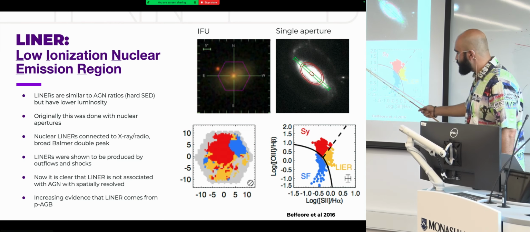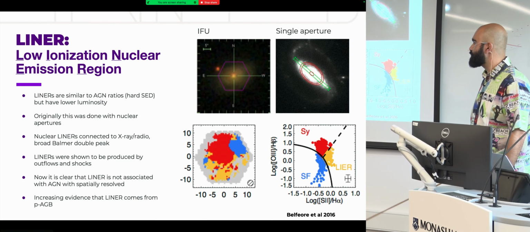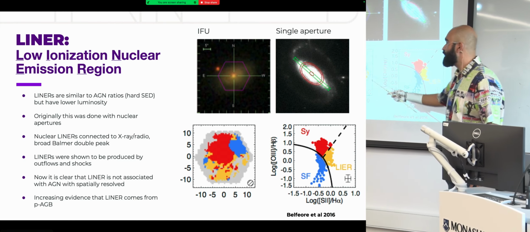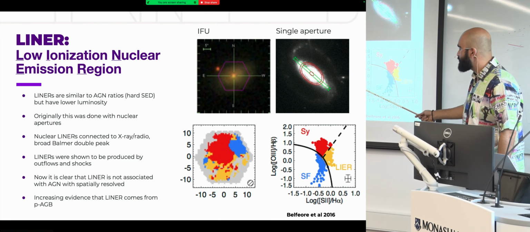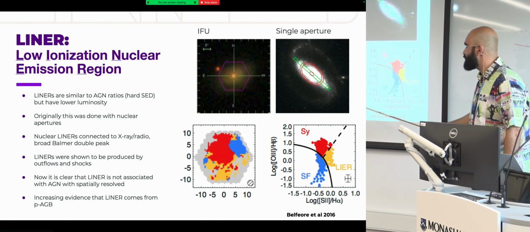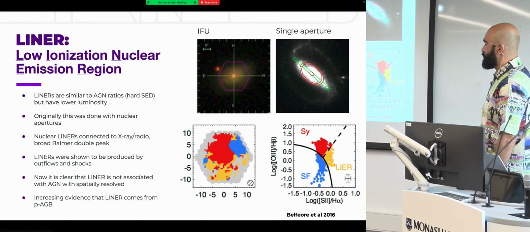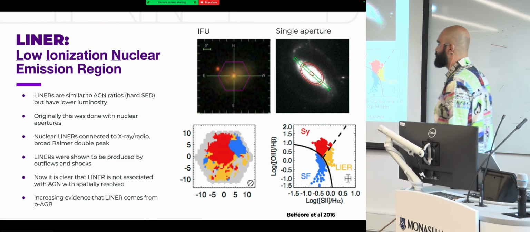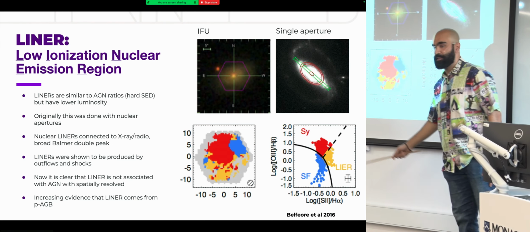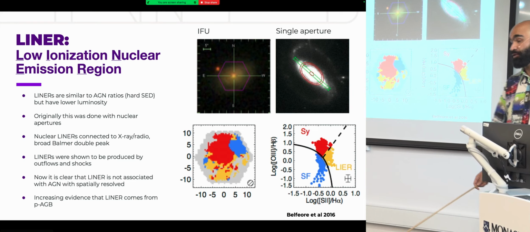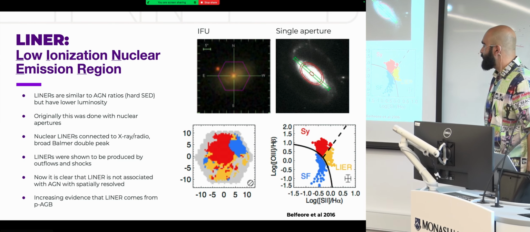This configuration of different classes within the same galaxy is not really consistent with whatever we thought about LINER and AGN, because you have AGN activity not really at the center, extended a little bit, but you also have LINER at the same time, and none of them is dominant in the nuclear region. So further evidence was provided that this LINER emission could actually be due to post-AGB stars. Those are low mass evolved stars. And I'm going to talk about this point later on in more detail.